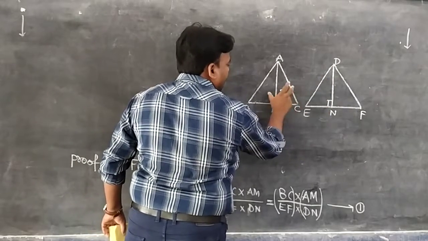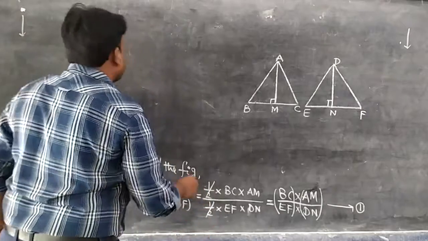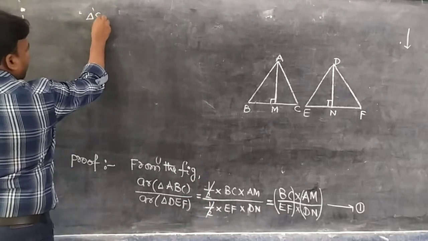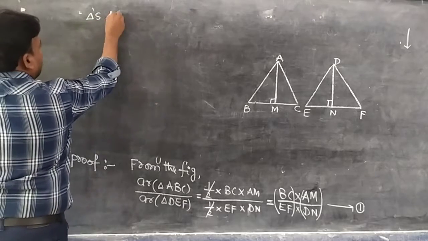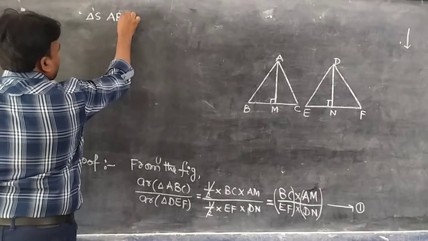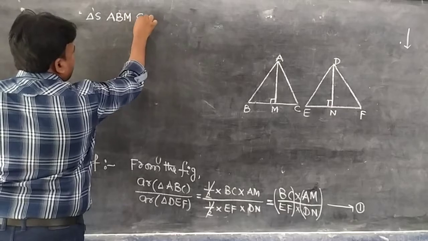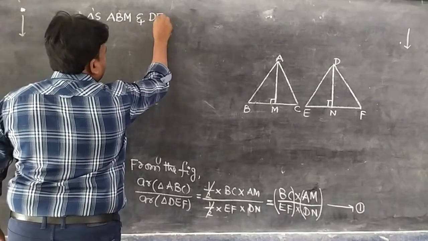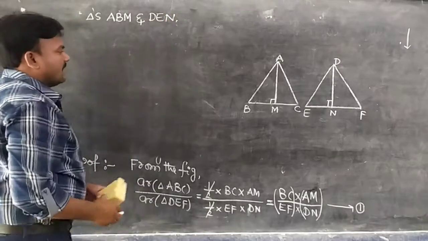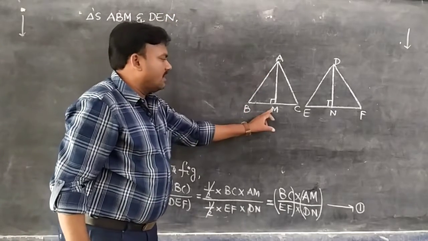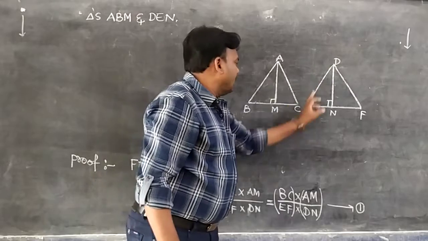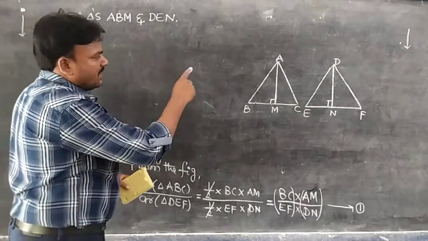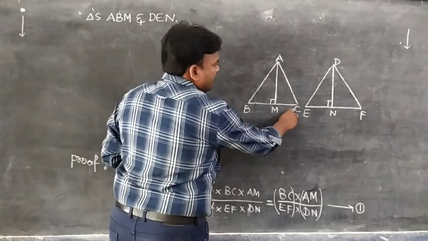Are both triangles similar or not? We check it, students. First of all, triangles ABM and DEN. Observing that, we know that triangle ABC is similar to triangle DEF.